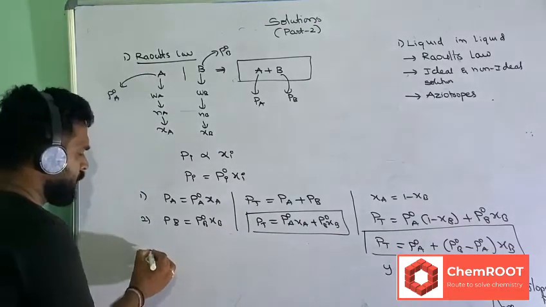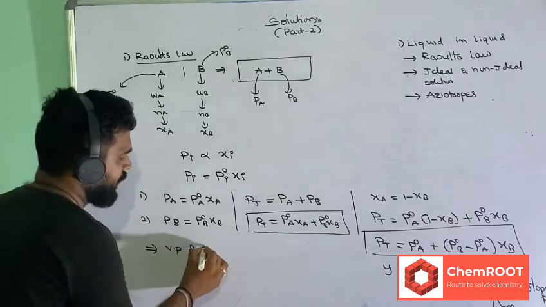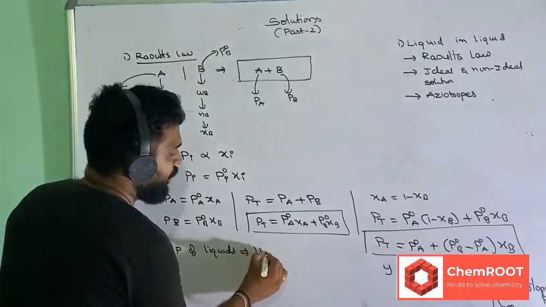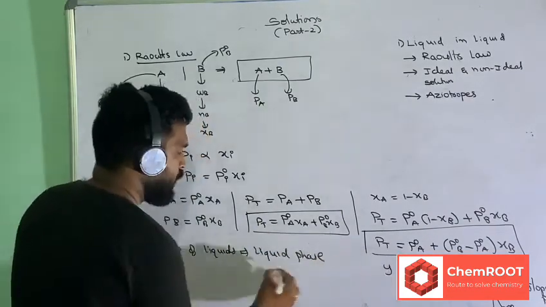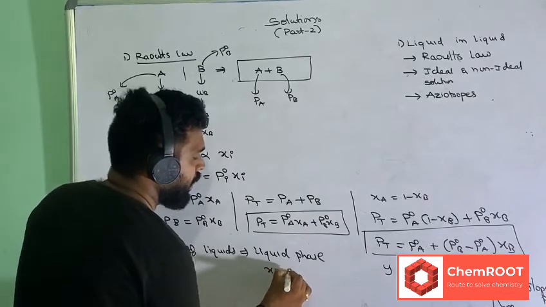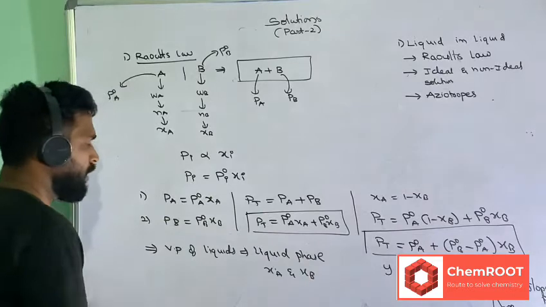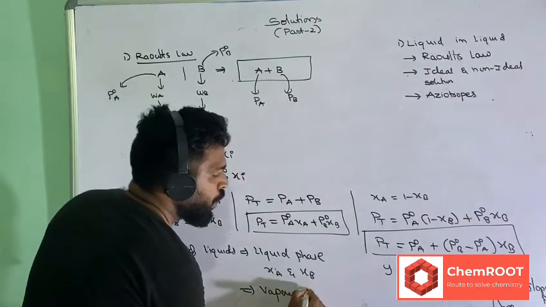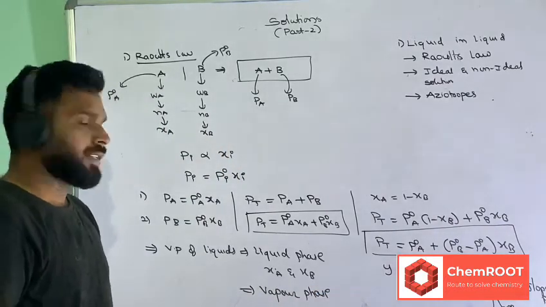Here, when they ask for the vapor pressure of liquids in the liquid phase, we use chi_A and chi_B, as we have discussed. If they are asking in the vapor phase, what will be there? Both will be in gaseous form.